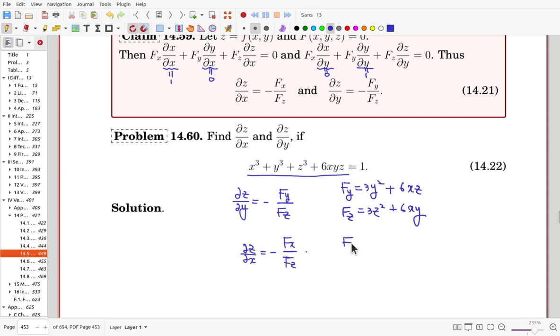Okay, let's try to get f sub x, the x derivative. Then there is a 3x squared, and the x derivative is plus 6yz, right? This term over this one, along with this negation, that's the final answer.